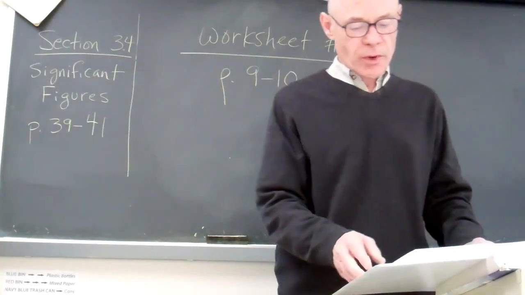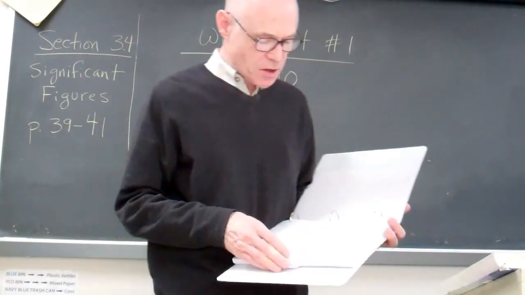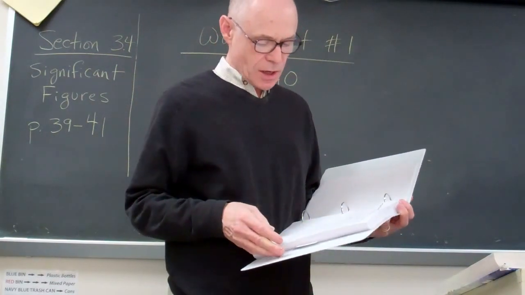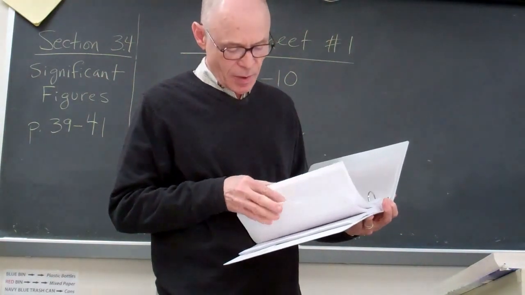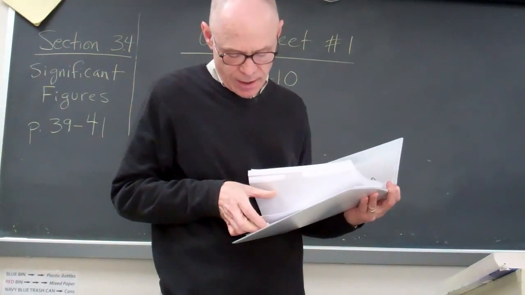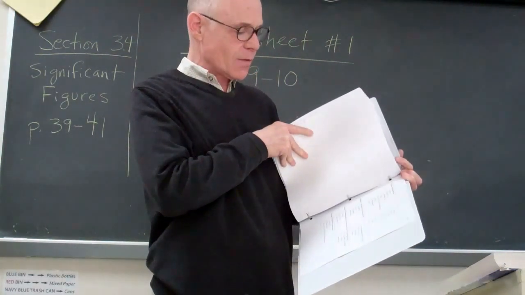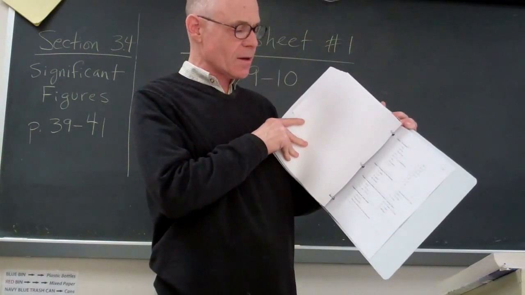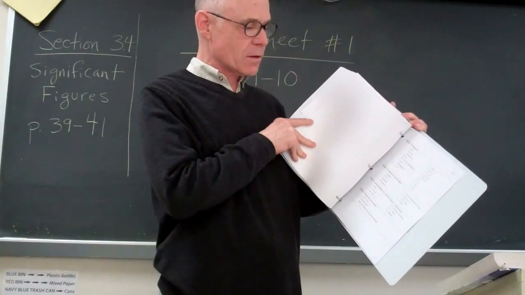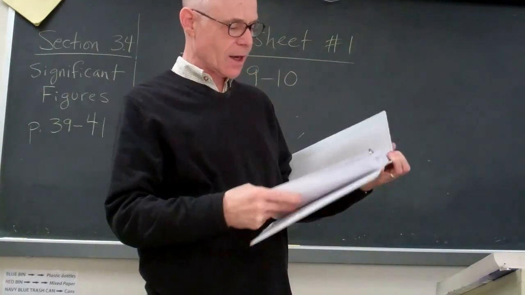You can check your results. In most cases, the worksheets in the workbook have answers in the back. So there's a tab in the very back, and after you do these problems, you can look to see how well you did back in the answer section.